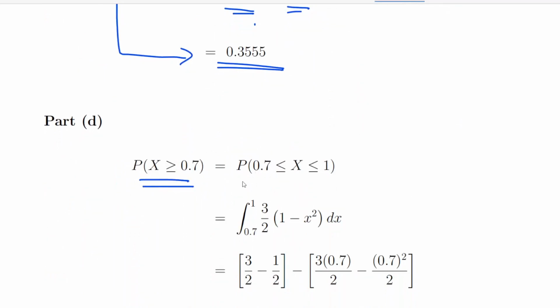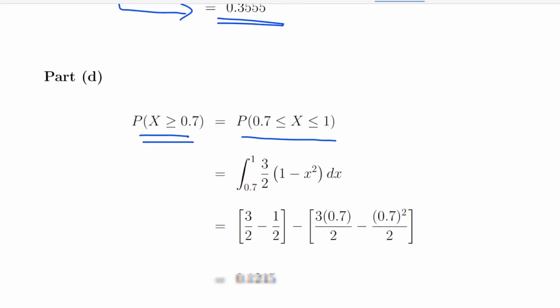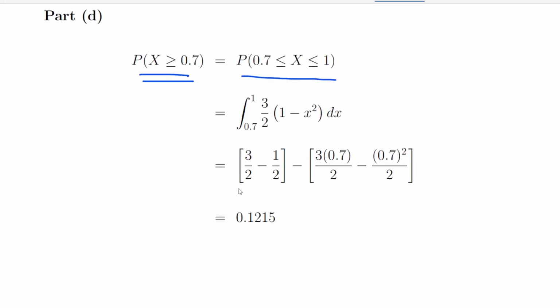The last part is to calculate the probability of x being greater than 0.7. The trick here is to re-express that as the probability of x being between 0.7 and 1. We're using the same approach as we have done previously. Here the definite integral is from 0.7 to 1 of 3 over 2 times 1 minus x squared dx. We evaluate it for 1: we have 3 over 2 minus 1 over 2, which is 1.